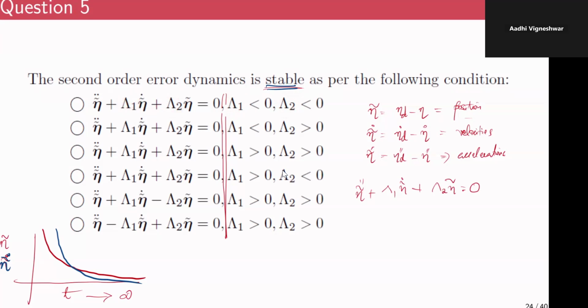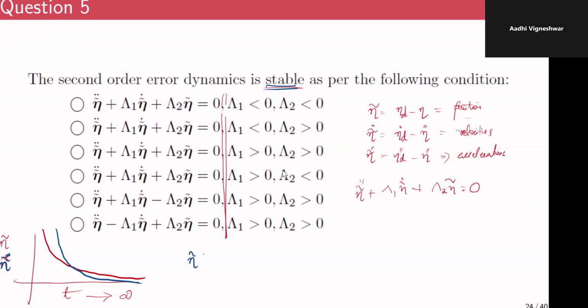And this being a second order linear ordinary differential equation, the complementary solution for this homogeneous equation would look something like this.